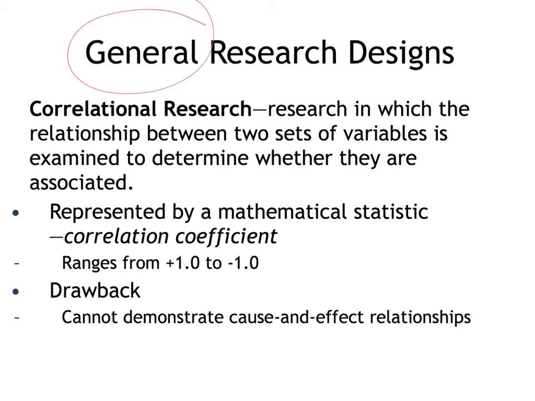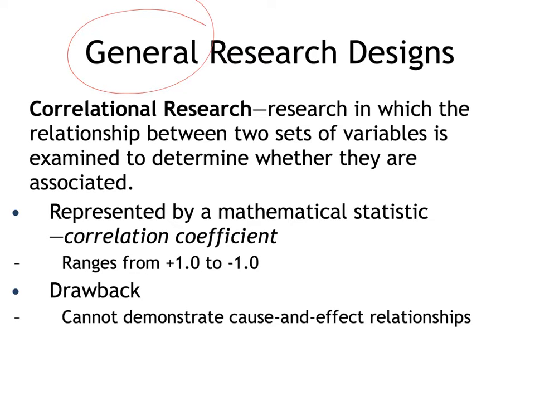We'll start off with correlational research. Correlational research is a type of study, inferential study, that allows us to view if there is in fact a relationship between two sets of variables. This is basically studied to determine whether one is affected by the other.